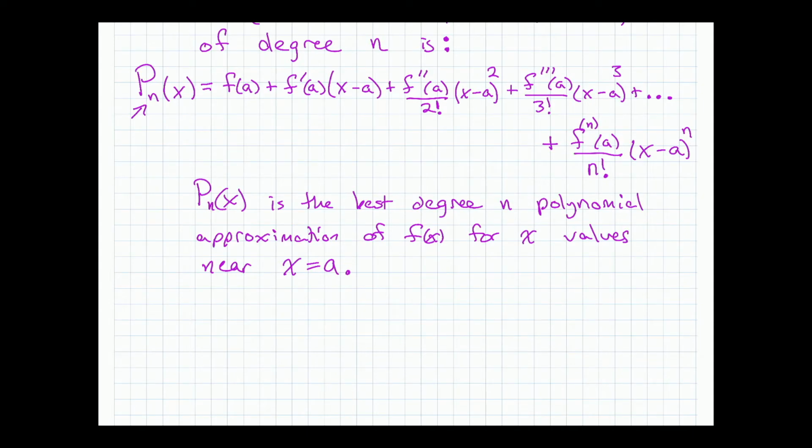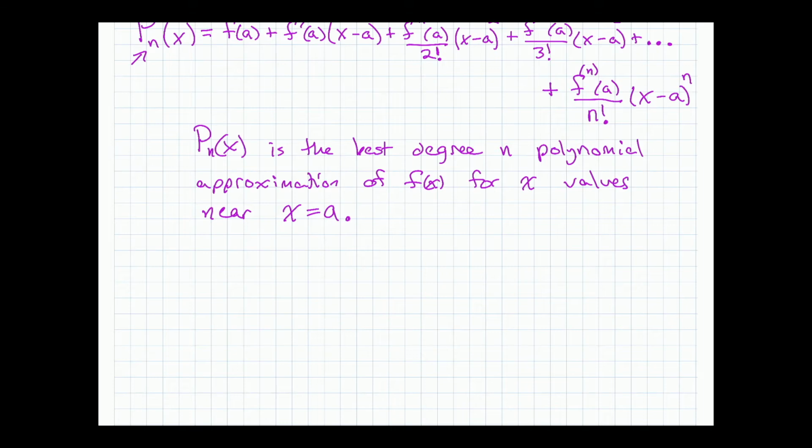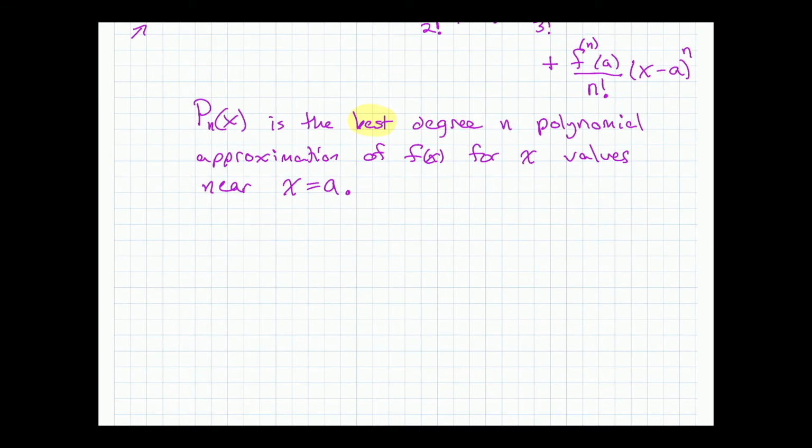So p sub n of x is the best n-degree polynomial approximation of f of x for x values that are near x equals a. Now, one thing you probably want to know is when we say best, what does that mean? Why is it the best? And so when we say best, I'll put a little asterisk there.